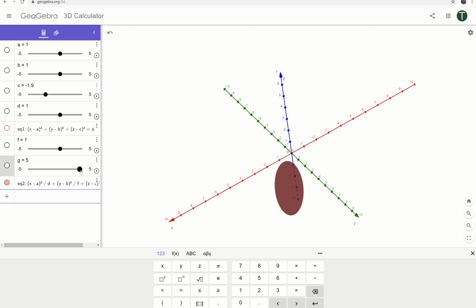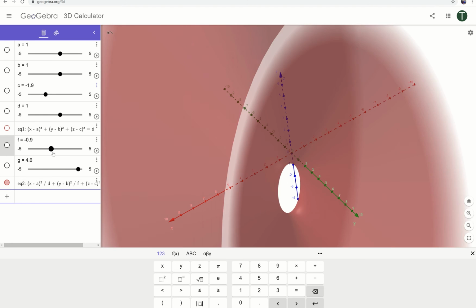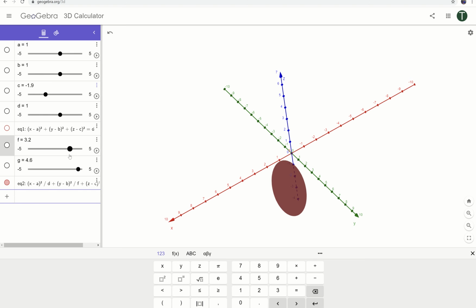But now if I play around with the F and G, you could see that interesting things are happening depending on the value of G. So D, E, F, and G are affecting the shape of this thing, and what you want to do is try to determine in what way it affects it, other than saying in simple terms, makes it wider, makes it skinnier. We want to use proper vocabulary.